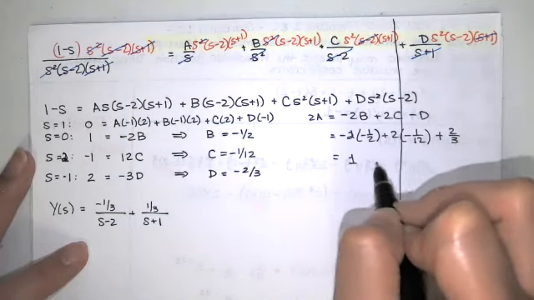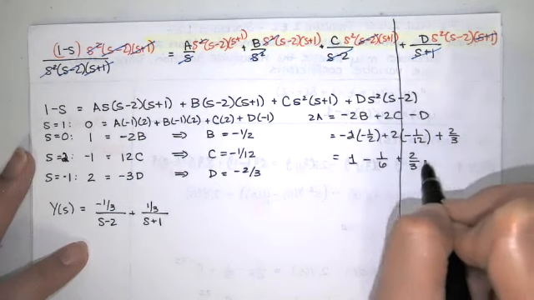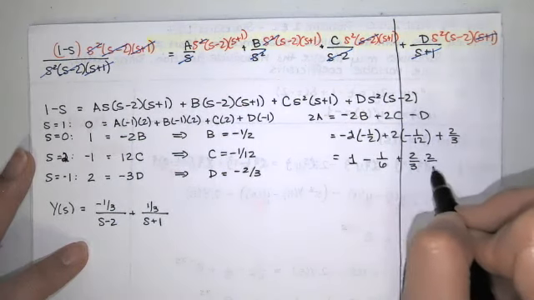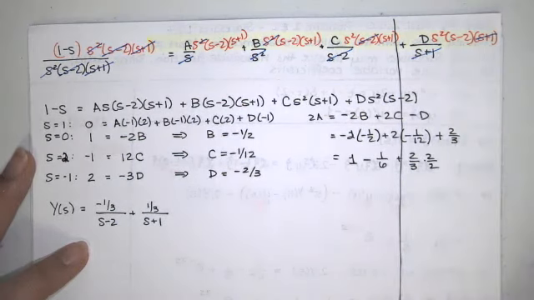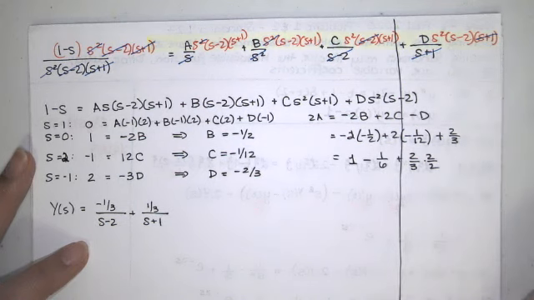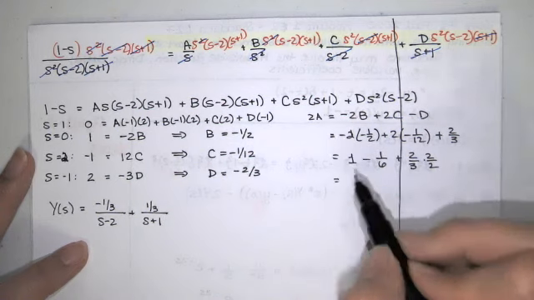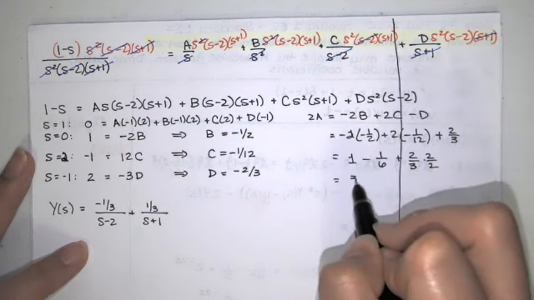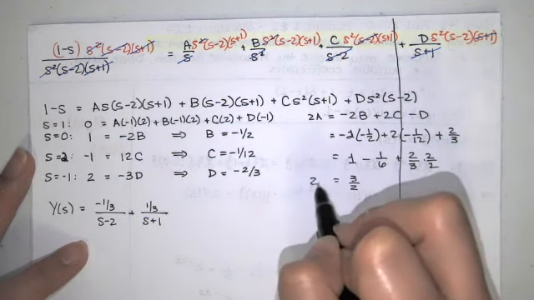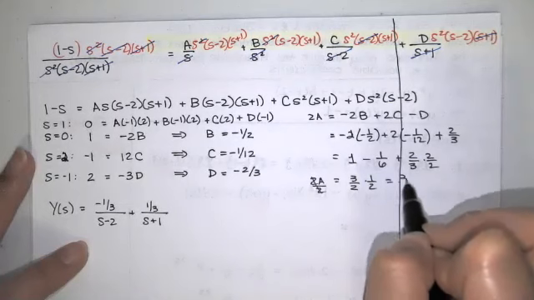This is going to give me a 1 minus 1/6 plus 2/3, which is the same as 4/6. So I have 4/6 minus 1/6, which is 3/6. So that's 1/2 plus 1. 1.5 is 3/2. And that means that a is 3/4.